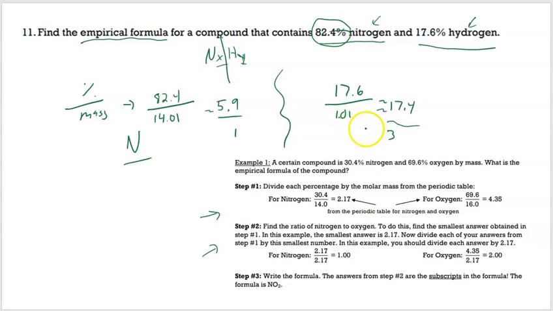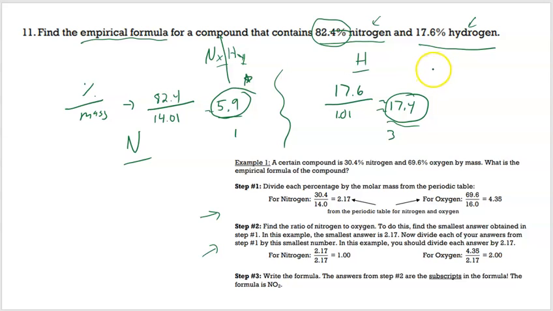If you're not so mathy and you don't spot how I got 1 to 3 there, we can quickly show you how we do that. You have your two numbers, 5.9 and 17.4 in this case, and all you do is divide each of these by the lower of the two. The lowest number is 5.9.